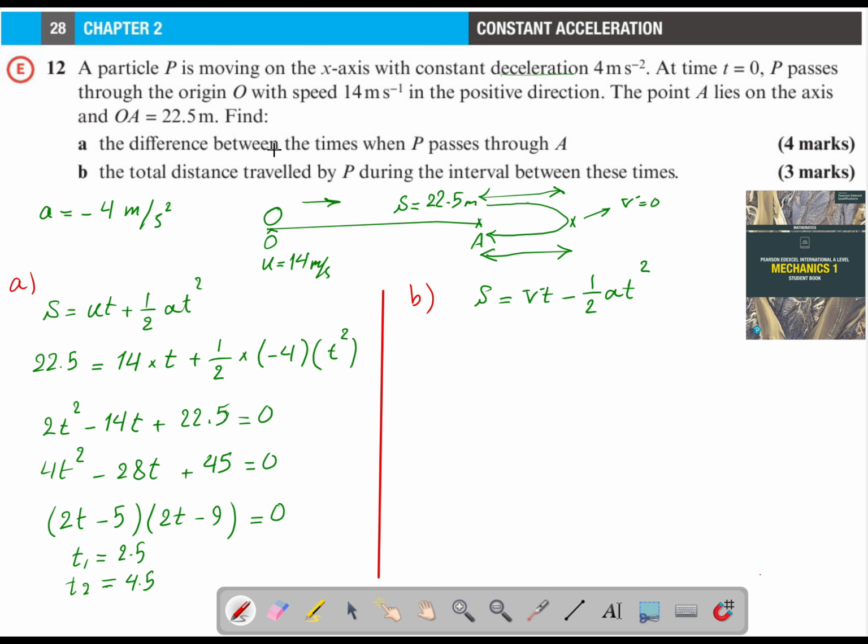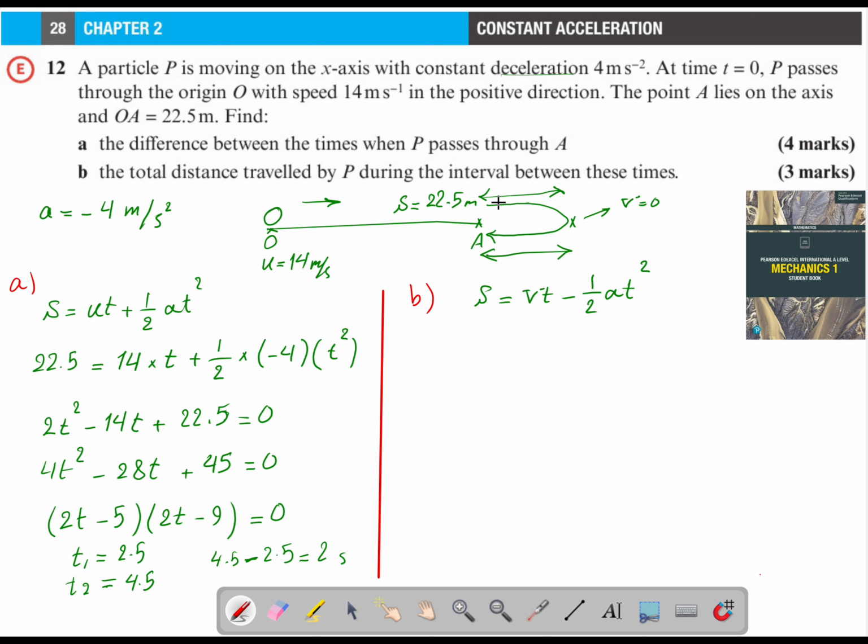And by the way, the difference between these two times, 4.5 minus 2.5 equals 2 seconds. So this is the answer of the first part. Since it is 2 seconds, in this interval, after 1 second we reach the velocity of 0, and then we turn back toward A. So for both of these sections, the duration is 1 second.